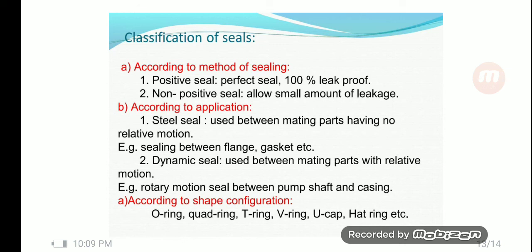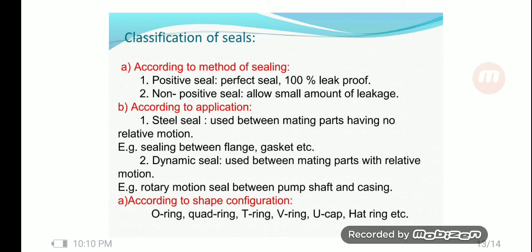The second type of seal classification is according to application. In this, there are two subcategories. First is the static seal, which is used between mating parts having no relative motion. Example: sealing between a flange and gasket, etc. Second is the dynamic seal, which is used between mating parts with relative motion.